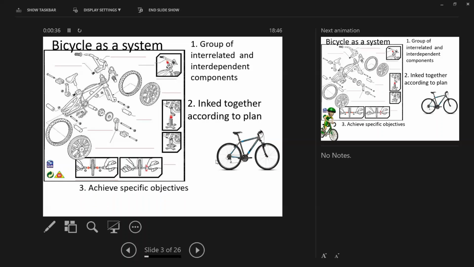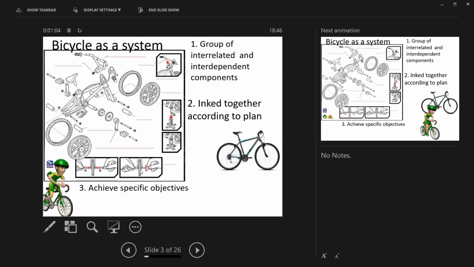once it is giving us some specific objective, if it is functioning, can we now say this is a system? What is the functional requirement of the cycle? Moving in the forward direction. This is good for an exercise machine: in the same place, that person is riding the bicycle, but it's not moving.